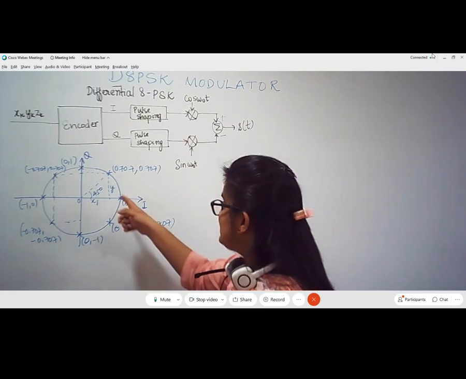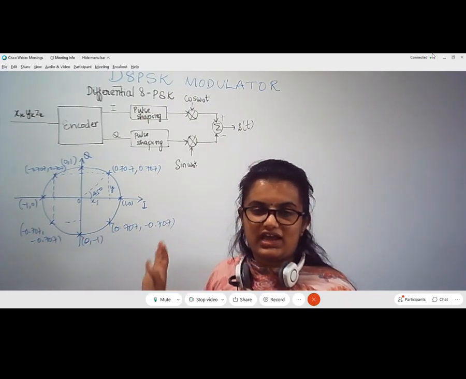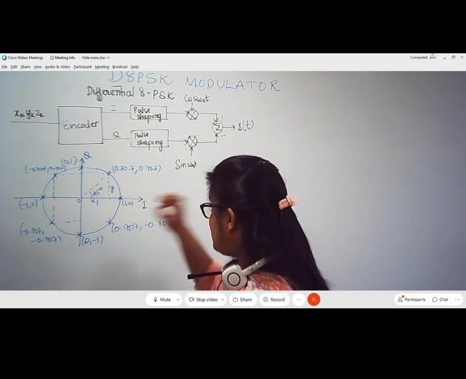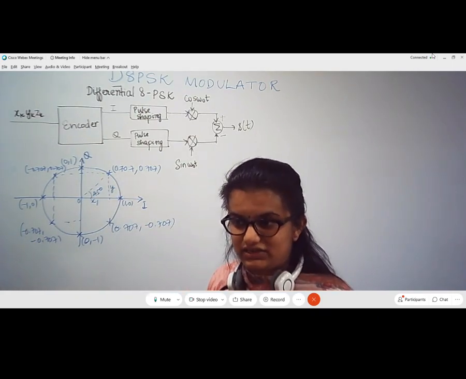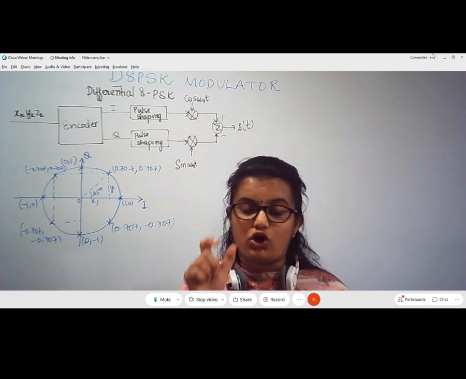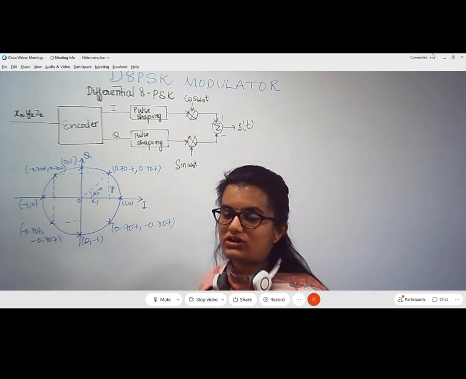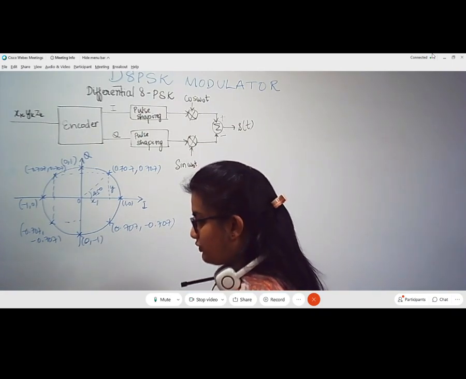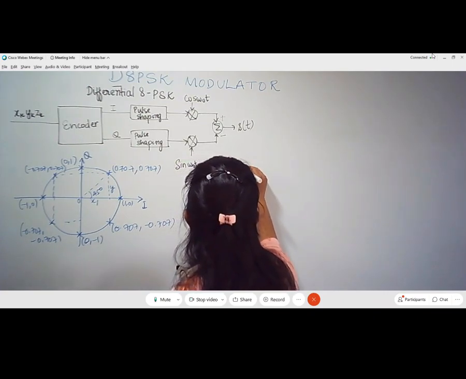That means this is simply S1, S2, S3, S4, S5, S6, S7, S8. I know that these are the continuous symbols. But while assigning the bit combinations to each and every phase, we are going to follow what is called gray coding. So how do we do this data encoding? Yes, we are going to take this X, Y and Z.